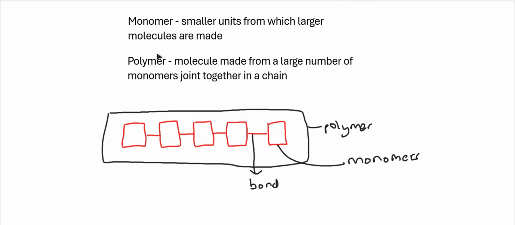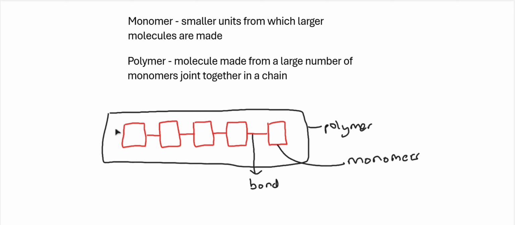You may have encountered these definitions in chemistry, whether it's A level or GCSE, or even biology GCSE and A level. The red squares that I've drawn in this diagram are monomers, and the red lines connecting each monomer are chemical bonds. The only thing you may be unsure about is what this black box around the whole structure is.